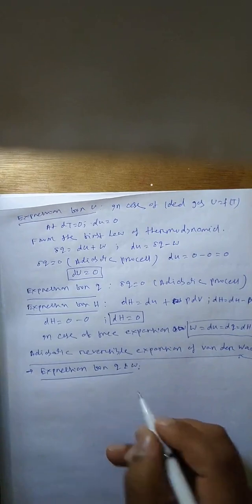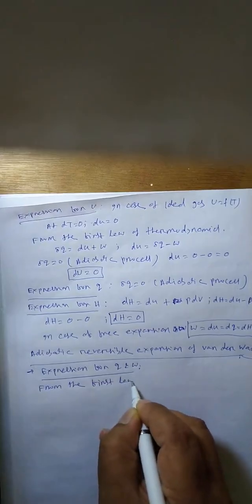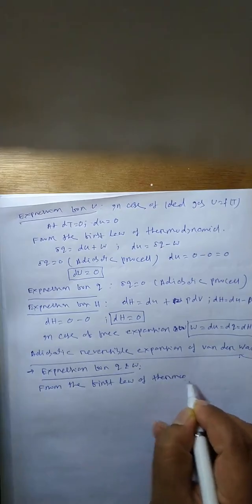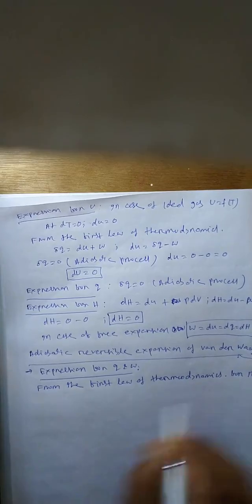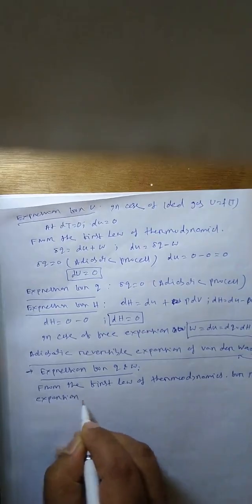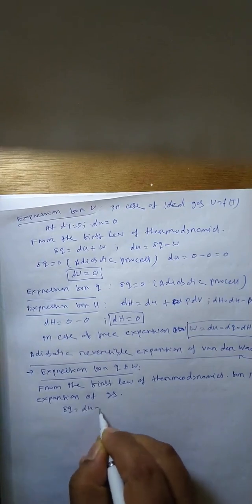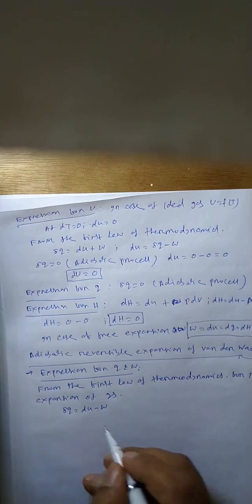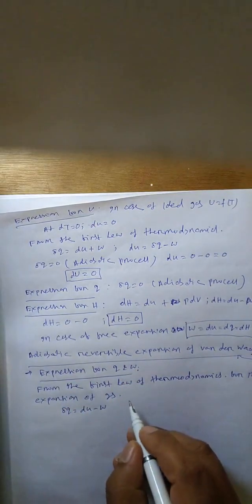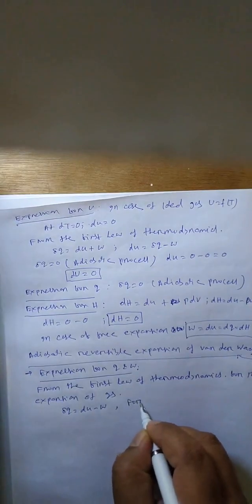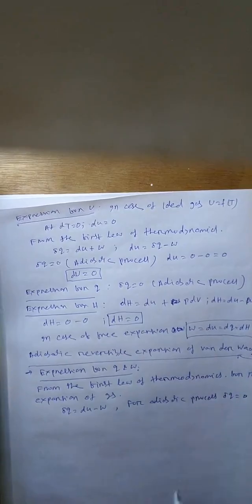From the first law of thermodynamics, for the expansion of gas, del Q is equal to del U minus W. We know that for an adiabatic reversible expansion, for an adiabatic process del Q is equal to 0, because heat cannot exchange.